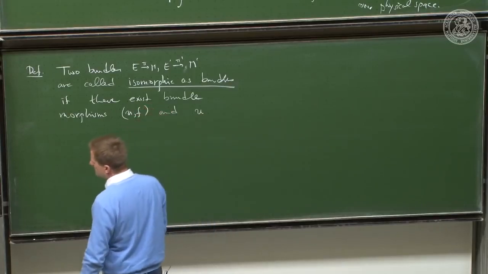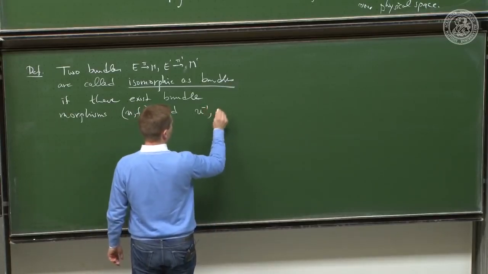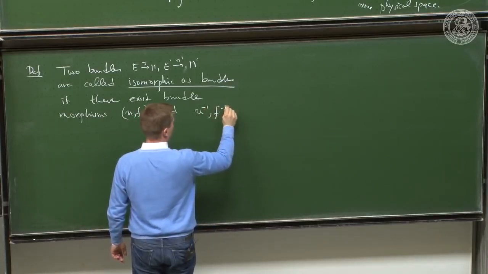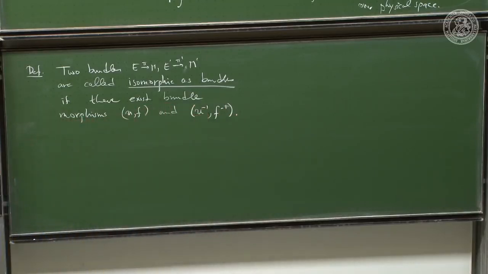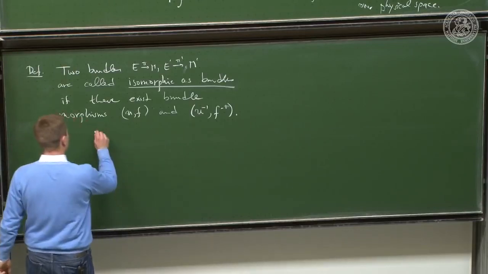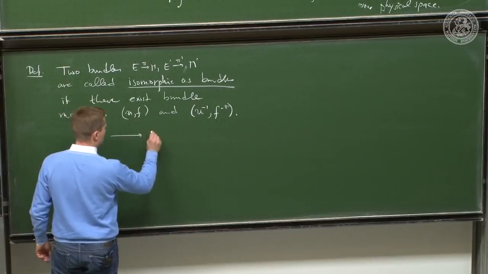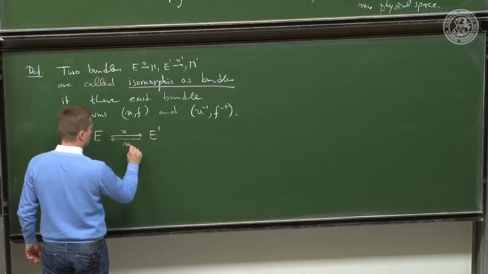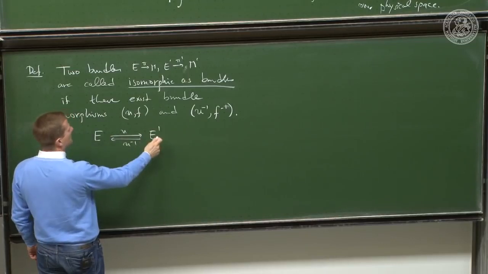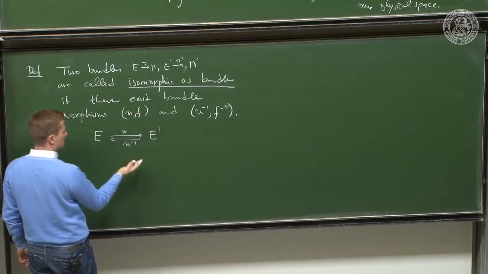Well, probably it's U inverse F inverse. If there exist bundle morphisms UF and U inverse F inverse. What does that mean? Well, it means that actually this map that takes you from here to there, you can go back by U inverse, and in both directions it's a bundle morphism.